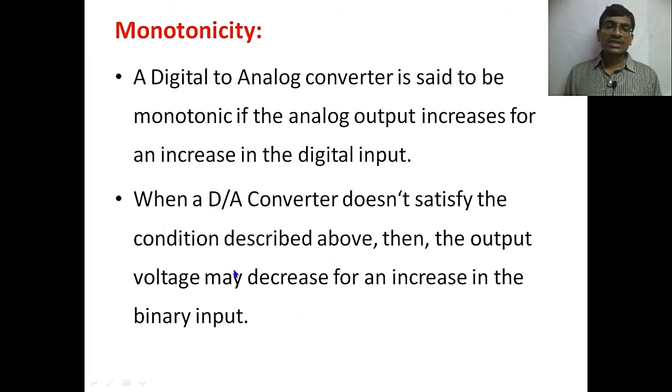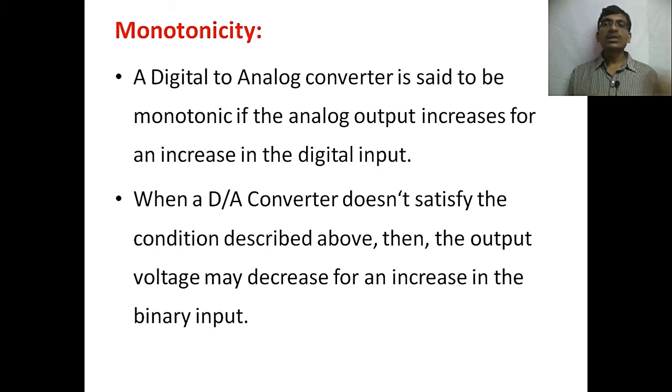So monotonicity says that when the digital input is increased, the output must also change. The input is varied and the output is also varied to some level, but that is not the problem. If the input is in increasing order, the output should also be in increasing order.